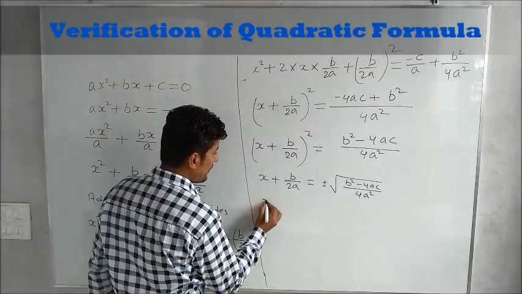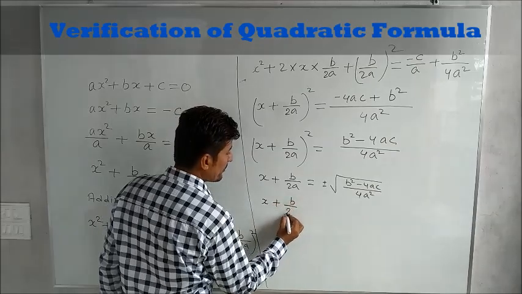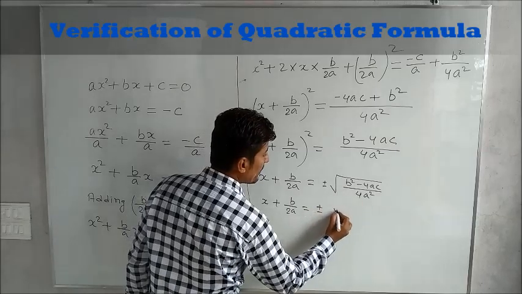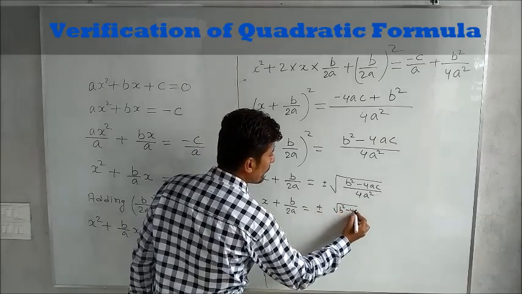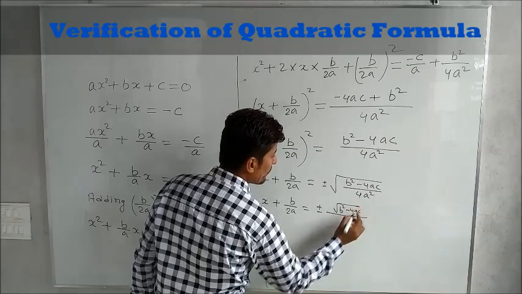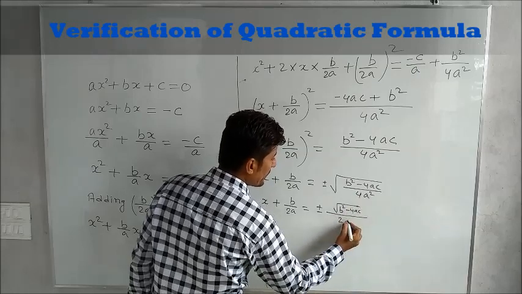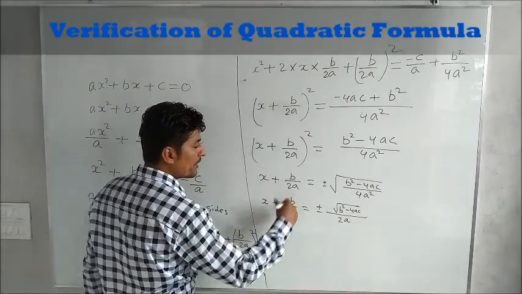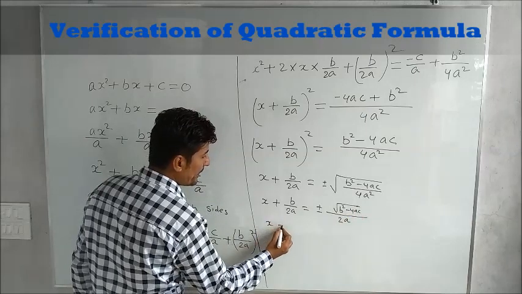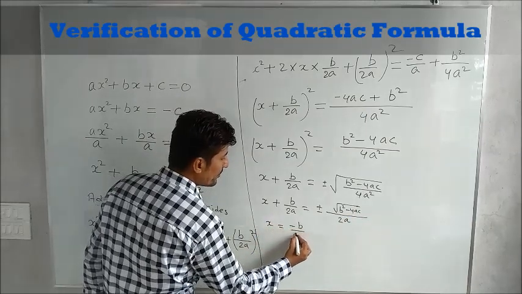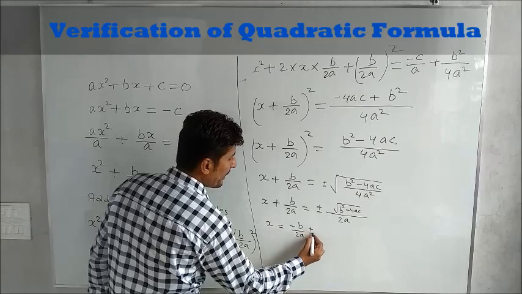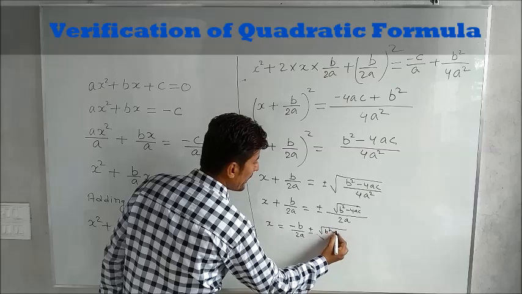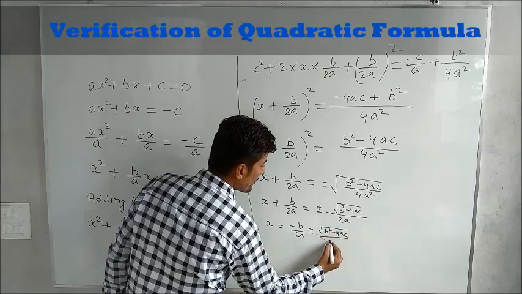So finally we can write here x plus b upon 2a equals to plus minus, here we can write b square minus 4ac divided by square root of 4 will be 2, square root of a square will be a. After that we have to send this term b upon 2a towards the right side. So x will be equals to minus b upon 2a plus minus under root b square minus 4ac upon 2a.